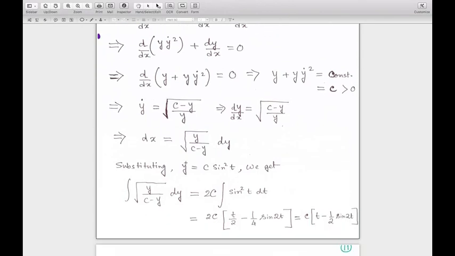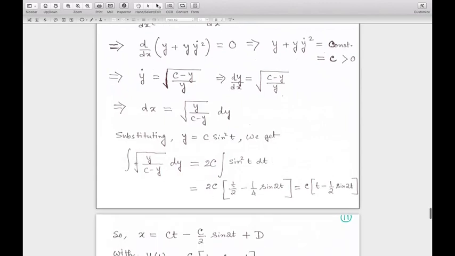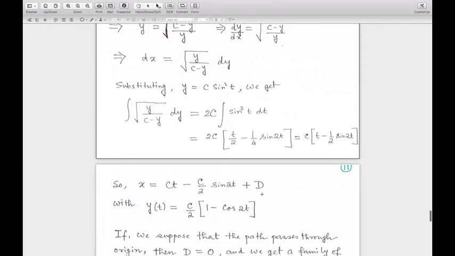Now you know much better than me that a very good trigonometric substitution to solve this type of problem is y equal to c sine square t. If you replace that, the integration of root over y by c minus y times dy will be equal to ct minus c by 2 sine 2t, and this is nothing but x. Of course there will be another constant d which comes because of the constant of integration.